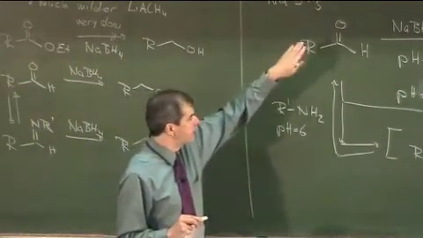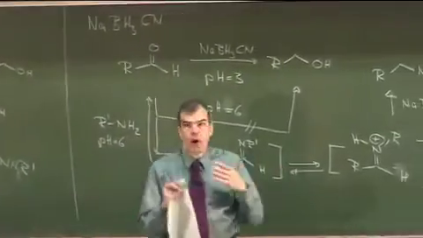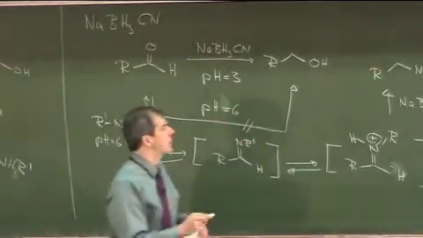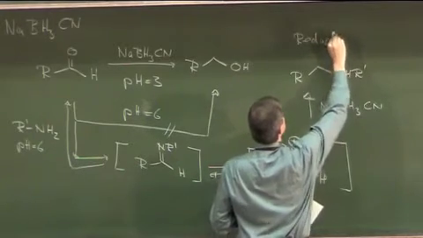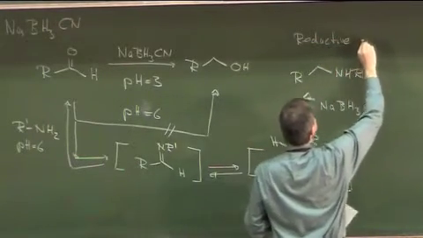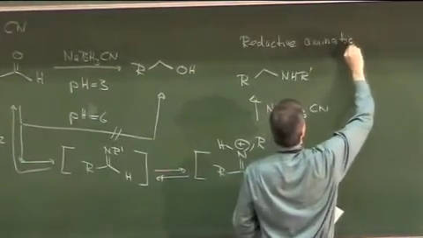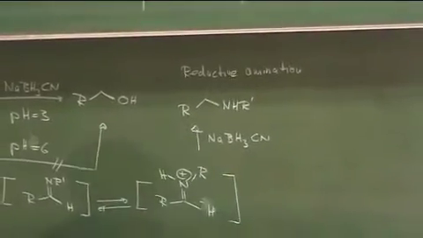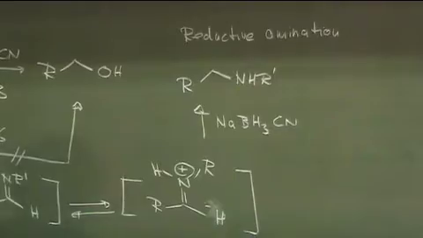But then you can mix aldehyde, amine, and your reducing agent all in one pot, and you will get out the amine. And so this process is called reductive amination. And it's arguably one of the most powerful and best methods to synthesize amino groups.